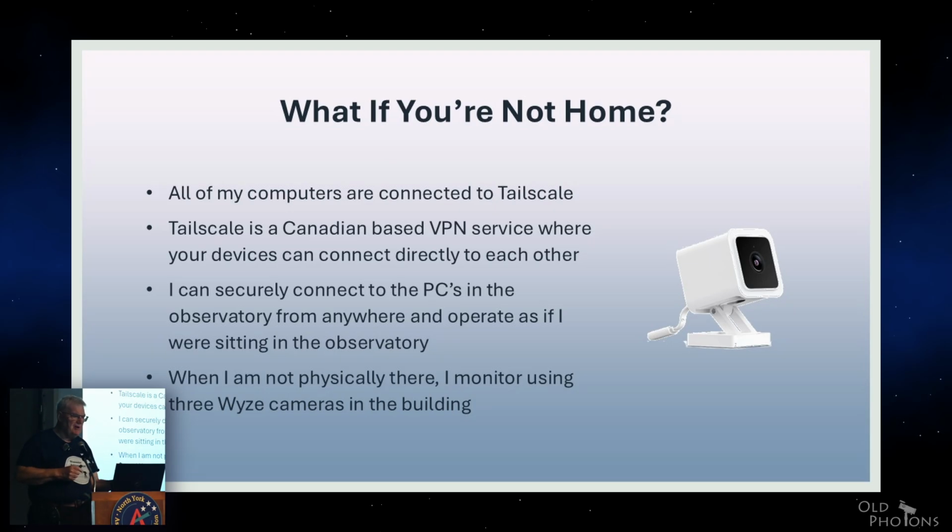The problem is that the port number you have to open is widely known by all the bad guys out there, so you're creating a way for them to get into your system and do all kinds of bad things. So it's much safer to do this. I can connect to the observatory from anywhere and operate it as if I was sitting right there.